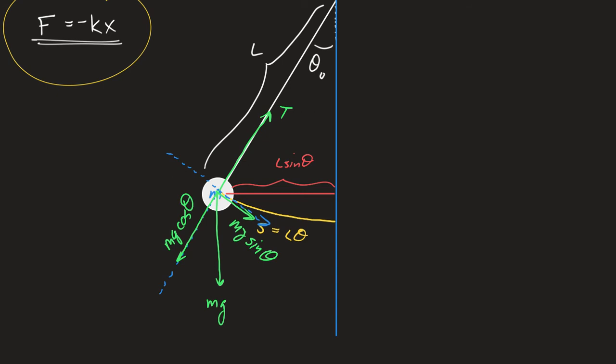Good, because net force equals MA. I'd like to see if I can't create something that looks a lot like our forces so that we get a differential equation. I want this to look like this. Now, it's not too hard right now. There's only one force in the direction of motion, and it's mg sine theta. That equals MA.